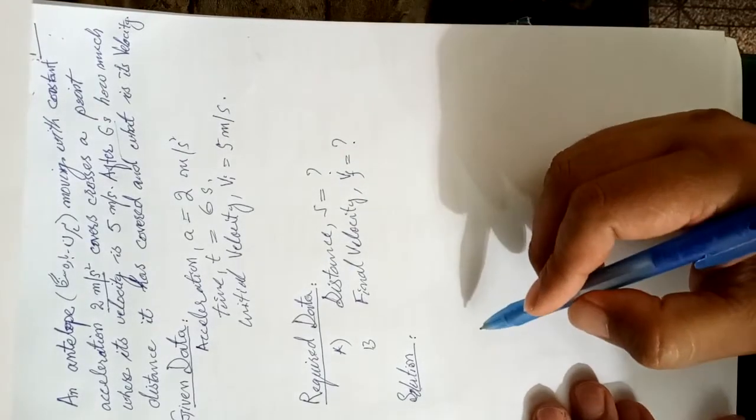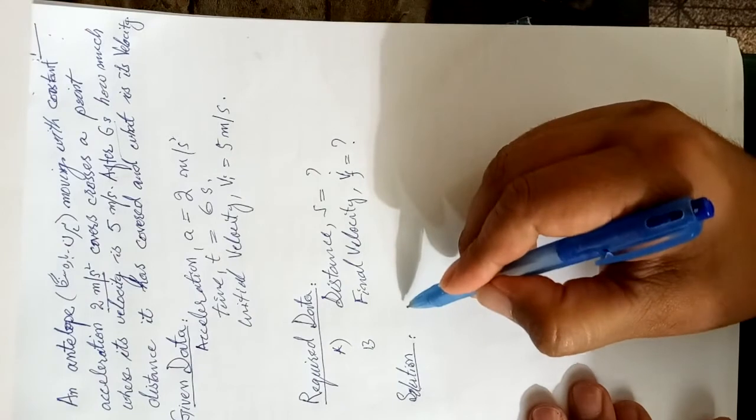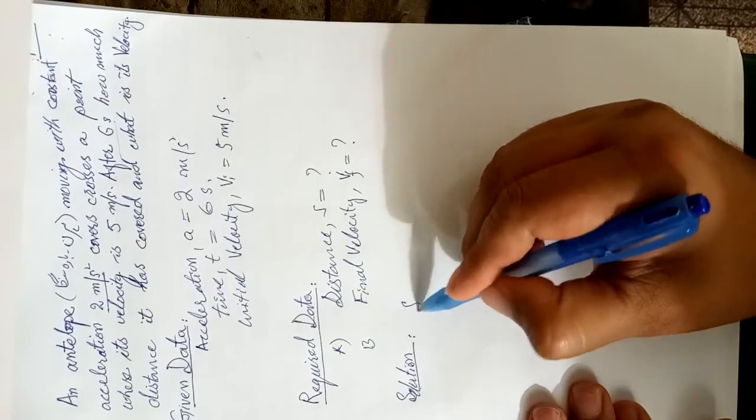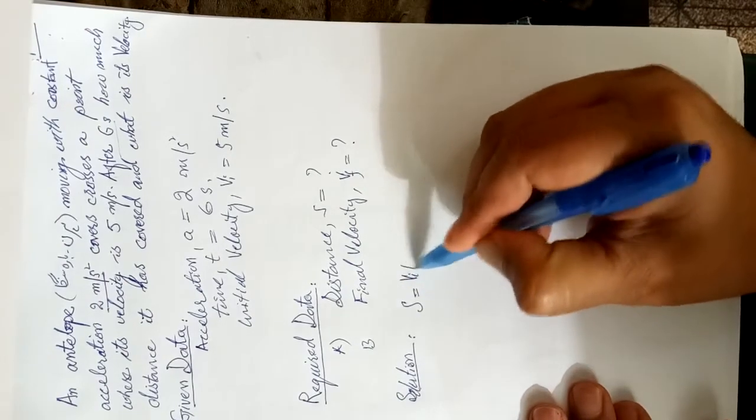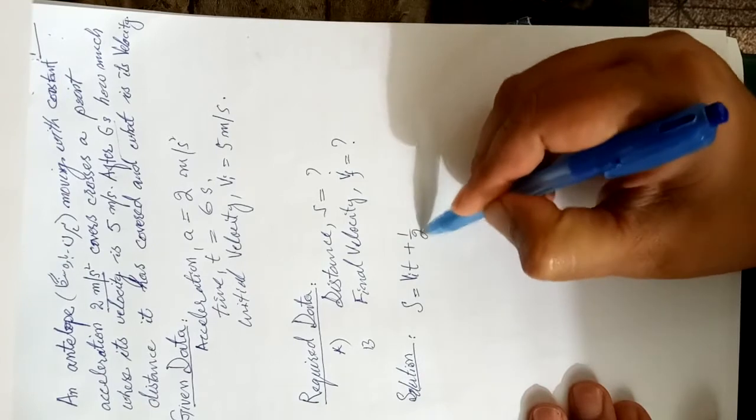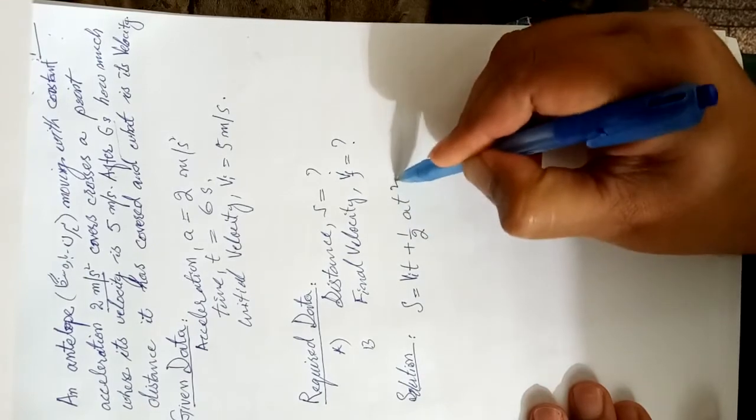Now solution. By using the second equation of motion, s is equal to Vi t plus 1/2 a t square.